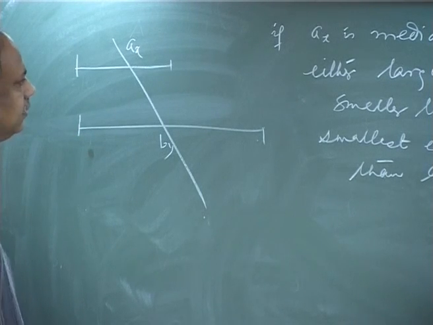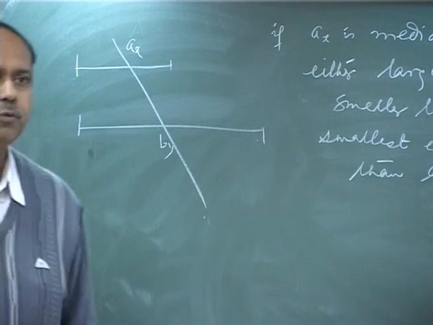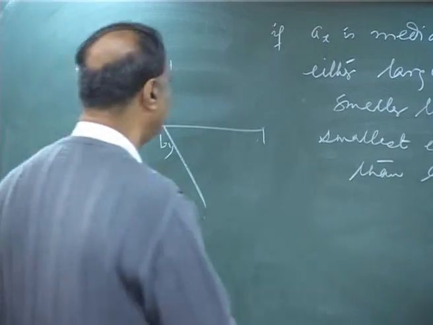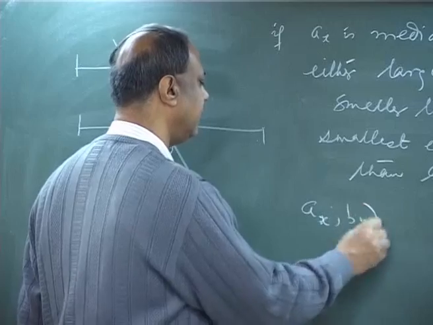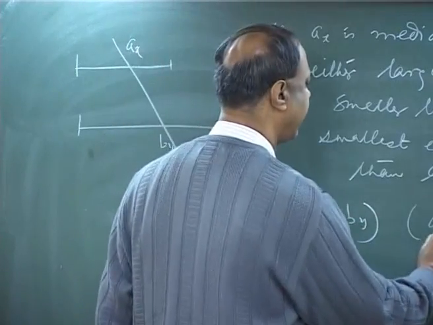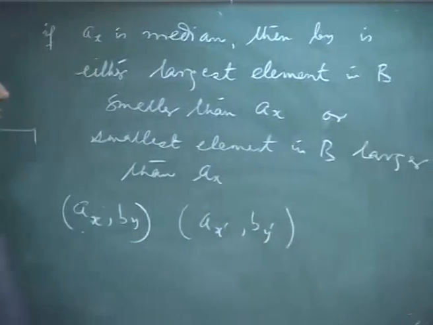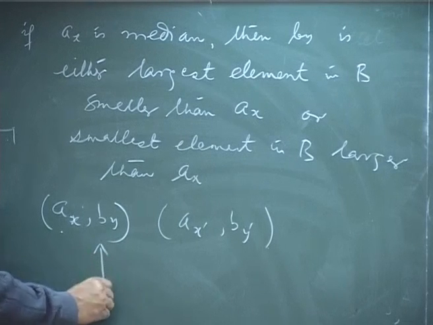right? Now it may so happen that your program will produce two median pairs. One is AX, BY, and another one is AX dash, BY dash. If that is the case, then you have to select one of them.